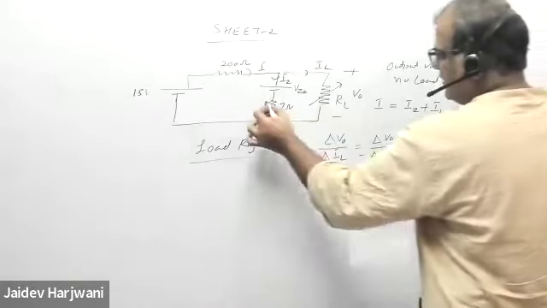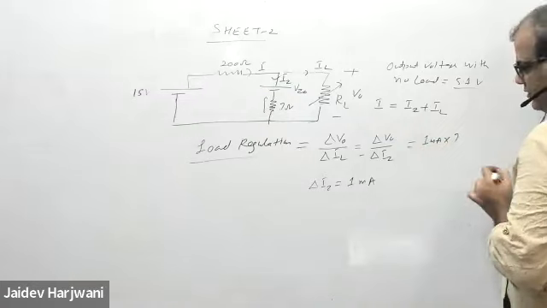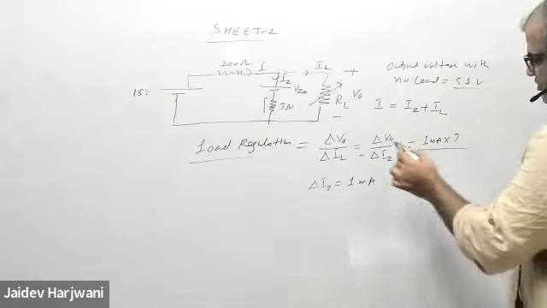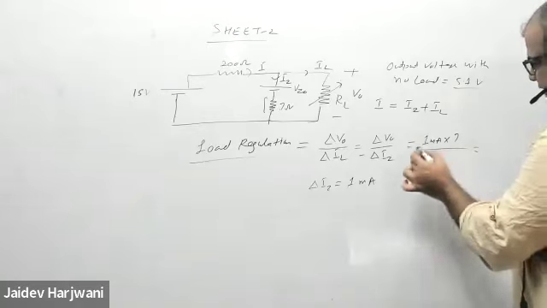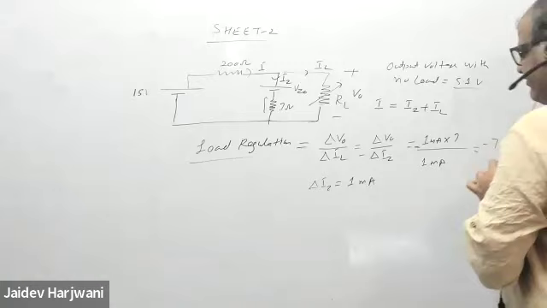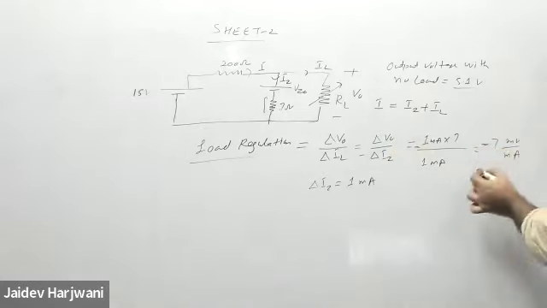So delta V naught will be 1 milliamp into 7 ohm, for a change of 1 milliamp, with a minus sign. So this will be minus 7 millivolt per milliamp. This is the load regulation, or volt per ampere: minus 7 volt per ampere.